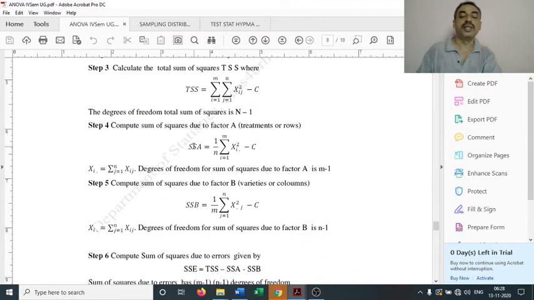Next, we have the SSA, that is the sum of squares due to factor A, or treatments, or rows. Here we first find the row sums, that is xi dot squared. Now xi dot is the sum over j equal to 1 to n of xij.